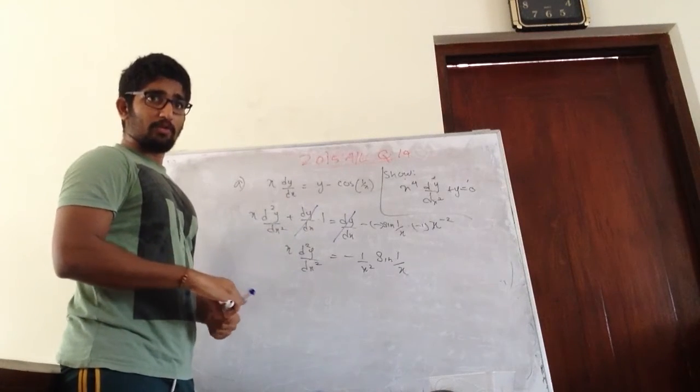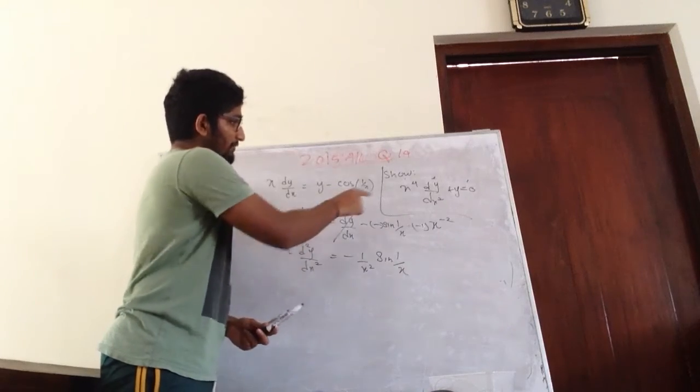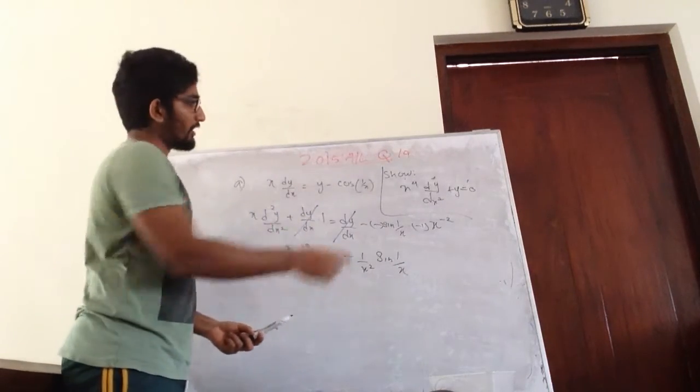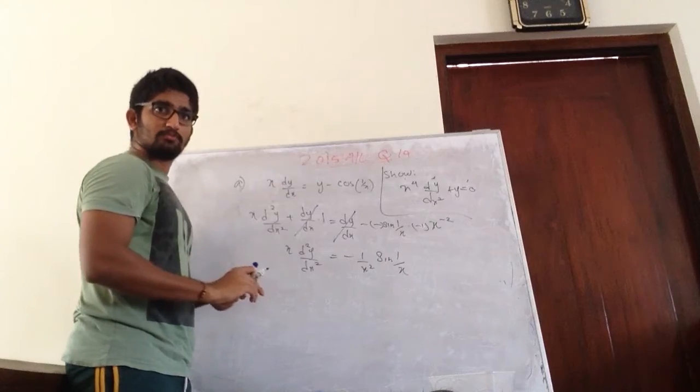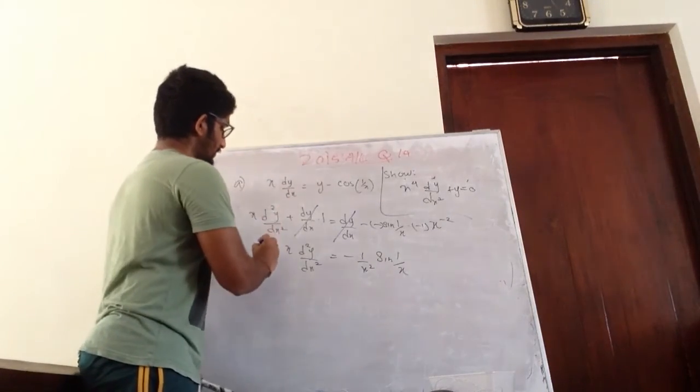Right now? So what I am going to do here is I am going to multiply by x to the power 3 so that I can get x to the power 4 here. Right?